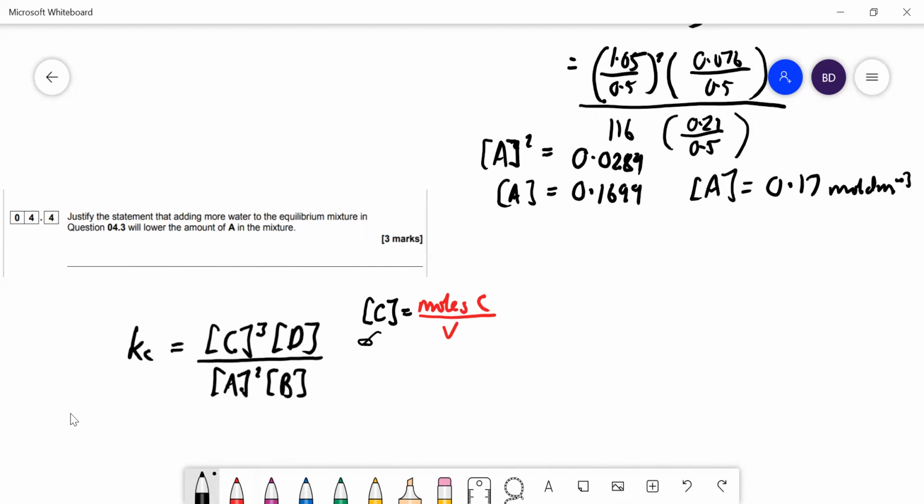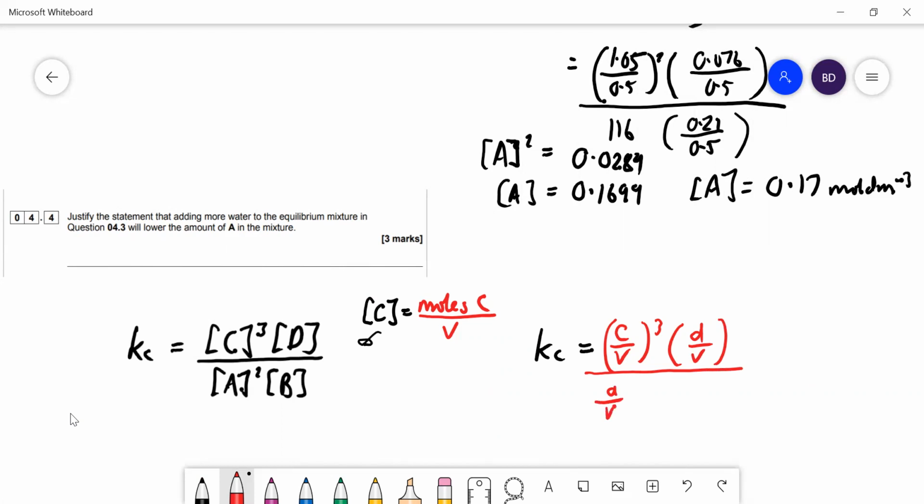Okay, so there we're going to get Kc equal to the moles of C over V, all cubed, the moles of D, this lowercase means that it's the moles, not the concentration, over V, the moles of A over V, that's squared, and the moles of B over V. Let's multiply that out to get rid of those.